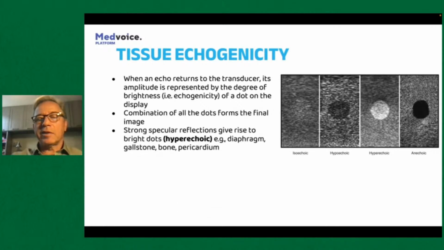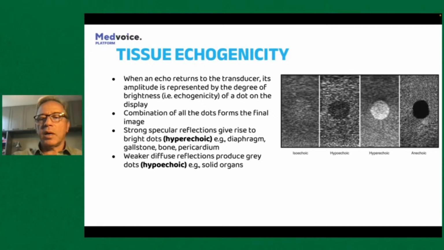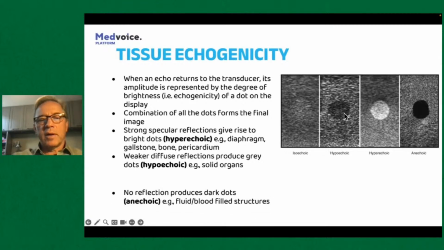Strong tissues like diaphragm, stones, bone, and pericardium will be hyperechoic, so they will look white. The weak signal will be hypoechoic, dark. These are solid organs. This could be liver with a blood vessel inside.